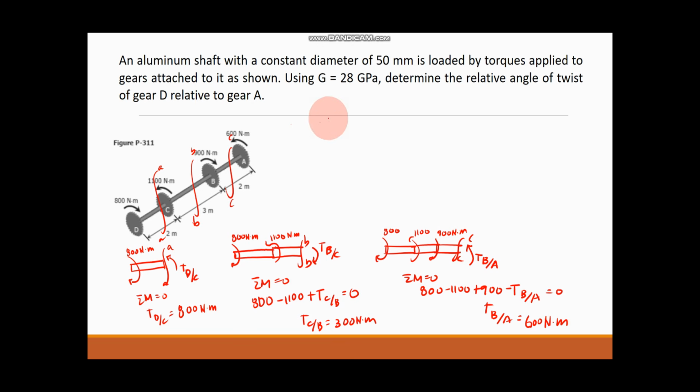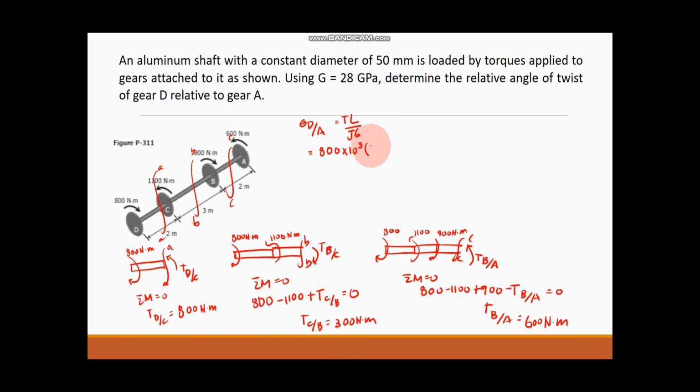So the problem is asking for the relative angle of twist of gear D relative to gear A. So it is equal to TL all over JG. So it will be equal to 800 Newton meter. We convert it into Newton millimeter by multiplying by 1000.